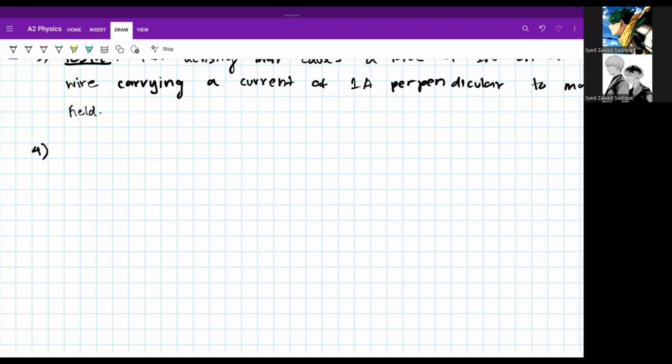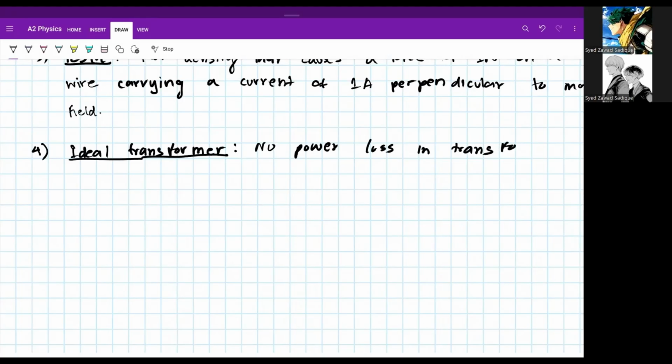Number four, ideal transformer. Ideal transformer is a transformer where there's no power loss. So I can just write no power loss in transformer.